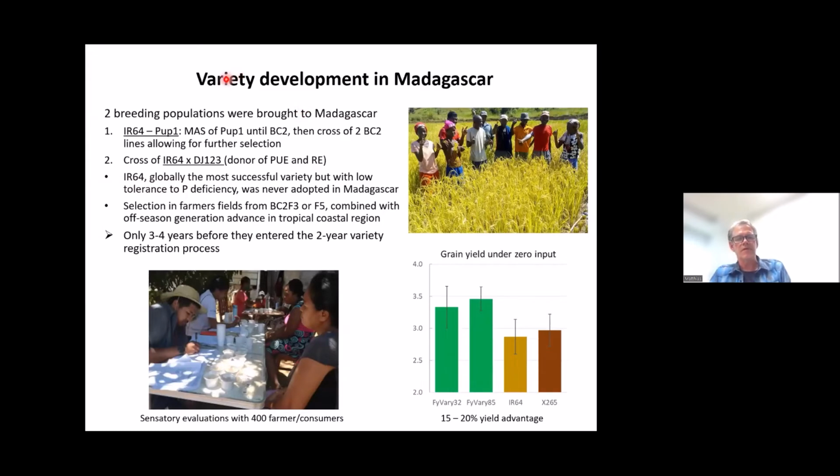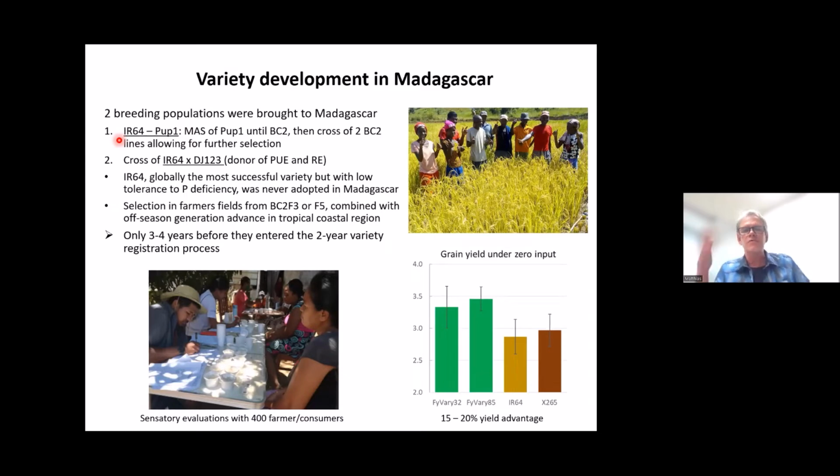We have concentrated in our variety development on two breeding populations. The first one is based on the PAP1 and PSTOL1 gene that I introduced in my first slide. We've done marker-assisted selection for PAP1 to bring it into the IR64 background.